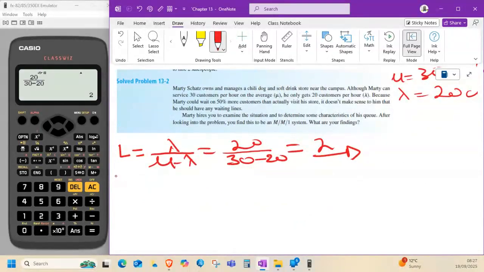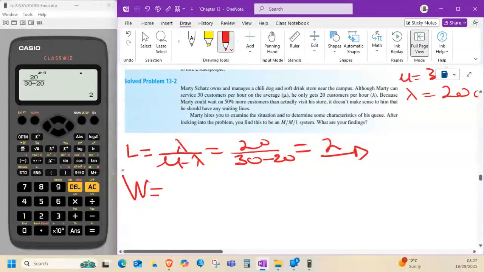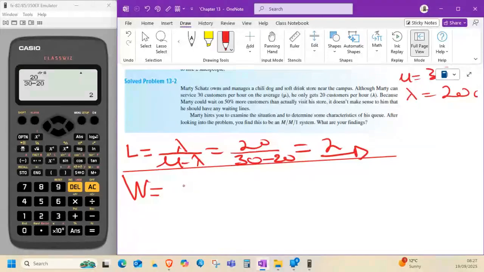Then we have how long does the customer spend in the system, or how long does the customer take in the system. Then that is 1 over that minus this, which is 1 over 30 minus 20.